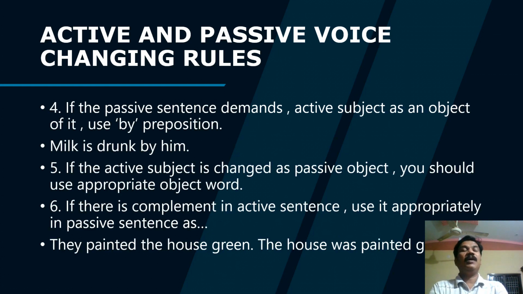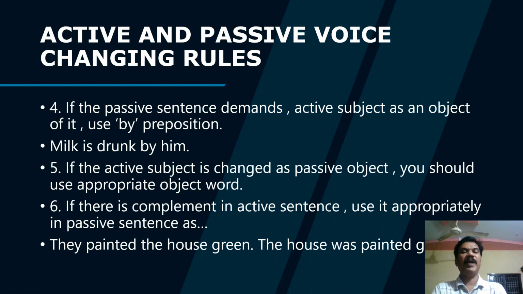Rule number 4, it depends on the demand of the passive sentence. If the passive sentence demands the active subject as an object of it, use the preposition by. Otherwise, you don't need to use by or another object. For example, milk is drunk by him.